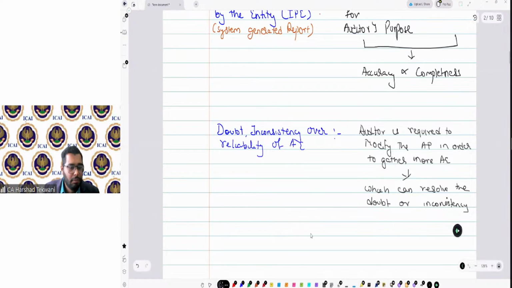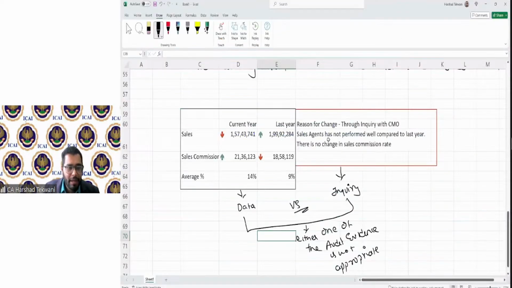For example, hypothetical example, the CMO was saying there is no change in the commission rate.